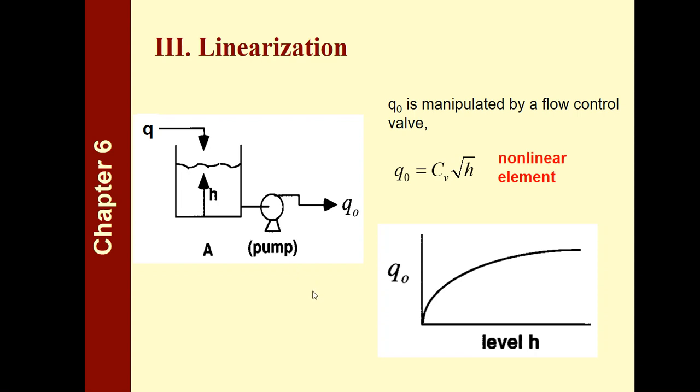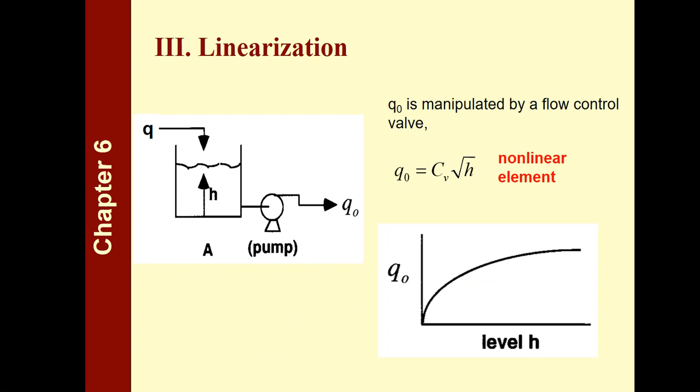Here, we can say that the volumetric flow rate through this particular resistance, which is the pump, is C square root of H, just as an example. In this case, your level H does not have an exponent of 1, which would make it linear. Any other exponent would make it non-linear. So the relationship, if we plot level against Q sub O, is curved. We cannot derive the transfer function if that is the case, so we need to know how to linearize.